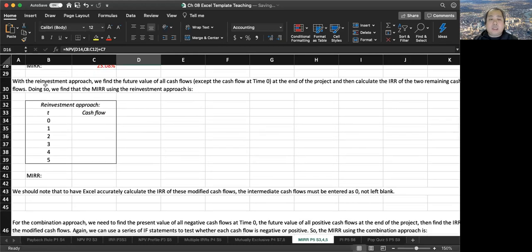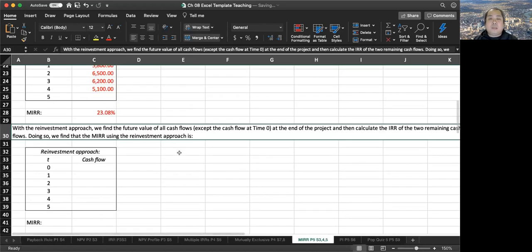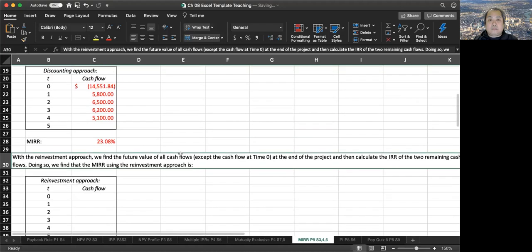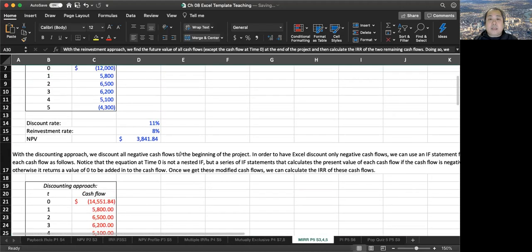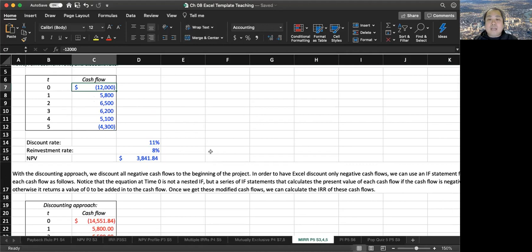Next approach, the second one, is called the reinvestment approach. Let's assume we will reinvest all future cash flows at the reinvestment rate, or sometimes the discount rate if there is no available reinvestment rate, and add them up in the final year. In our example, again, you have CF0, just the initial cost, negative $12,000.